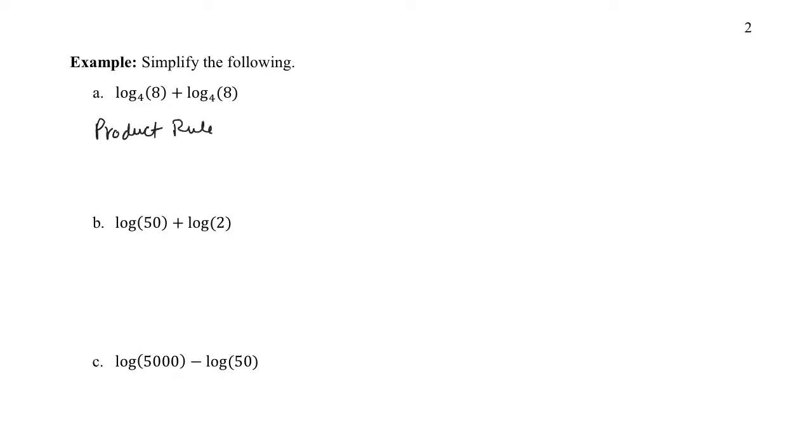The product rule tells me that with addition in between, this is the same as log base 4 of 8 times 8. So you think of 8 here as being a, and this one being b, and we know it's log base 4 of a times b, which of course 8 times 8 is 64. So log base 4 of 64.